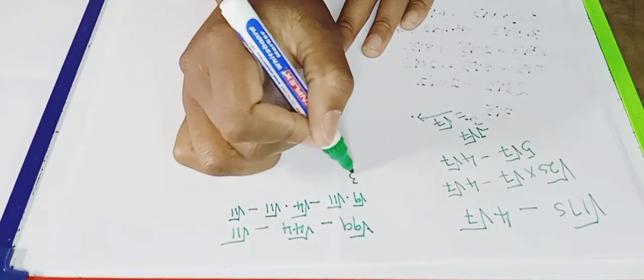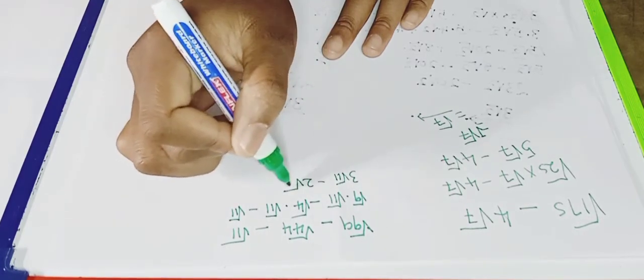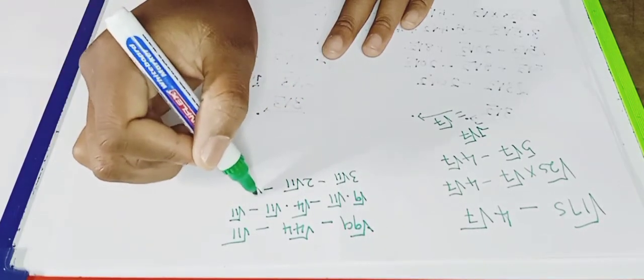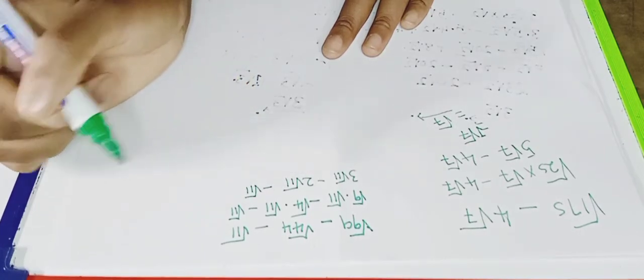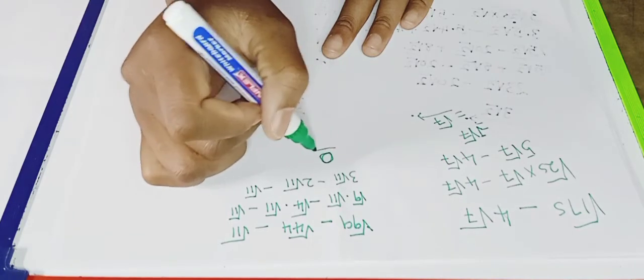So this becomes 3 root 11 minus 2 root 11 minus root 11. So it's 3 minus 2 minus 1, which is the same as 3 minus 3. So the answer is 0 for this one.